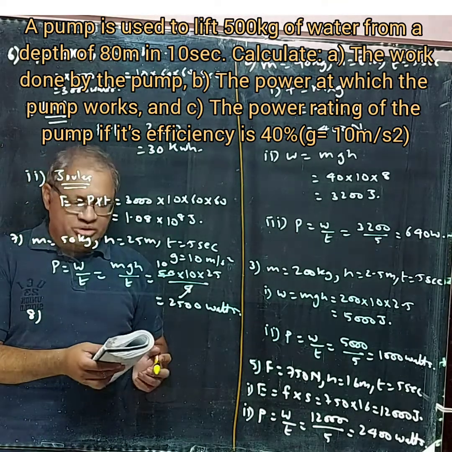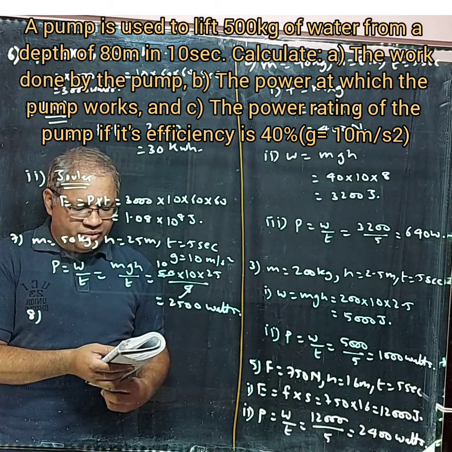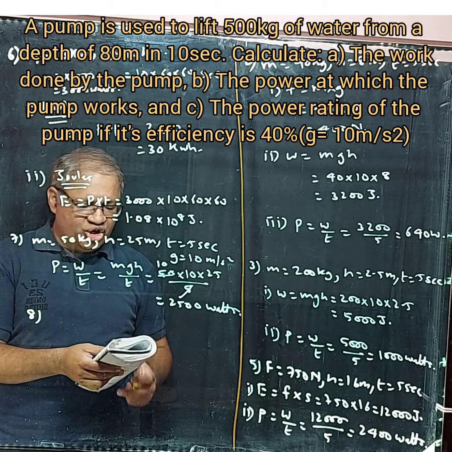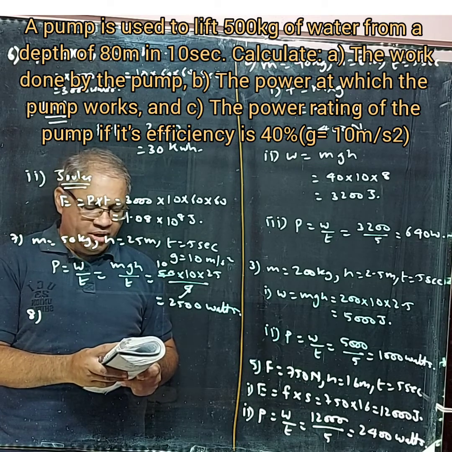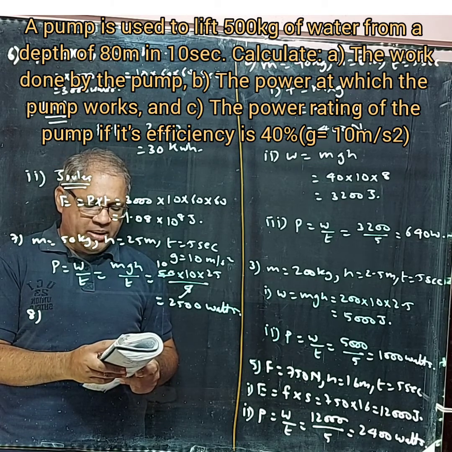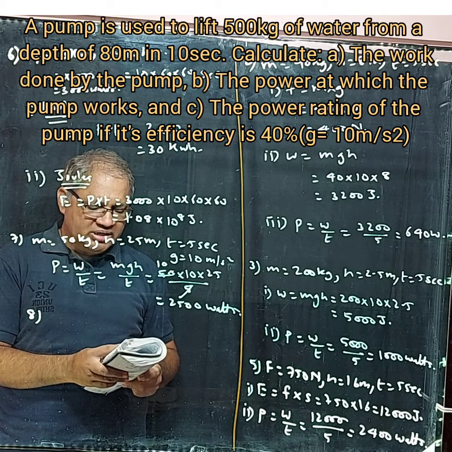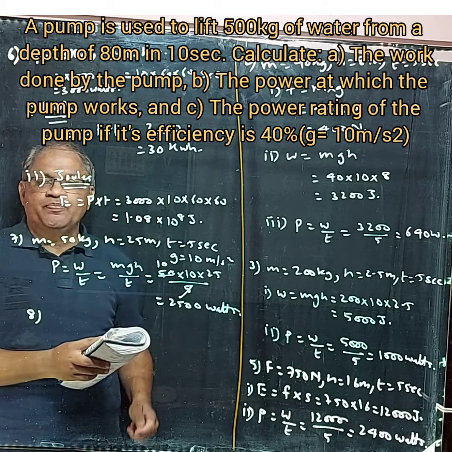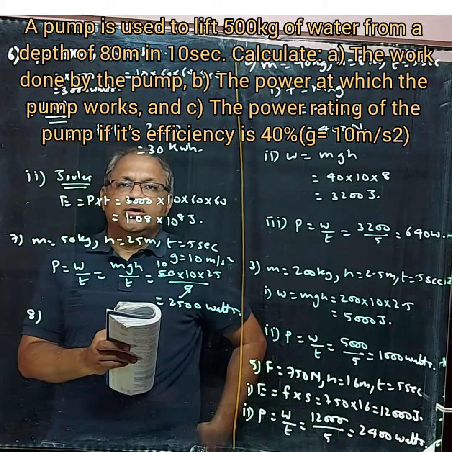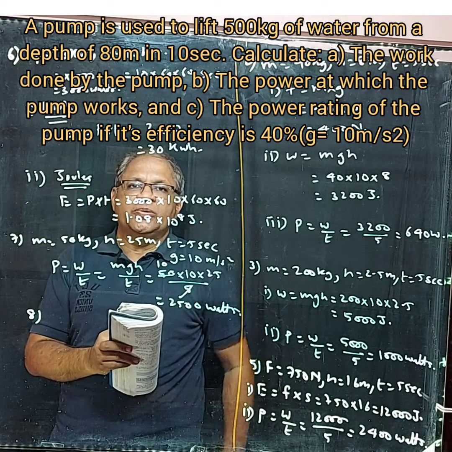A pump is used to lift 500 kg of water from a depth of 80 meter in 10 seconds. Calculate the work done by the pump, the power at which the pump works, and the power rating of the pump if its efficiency is 40%.